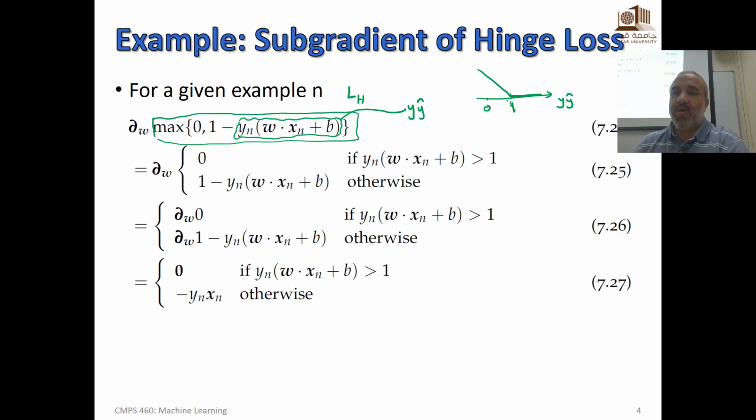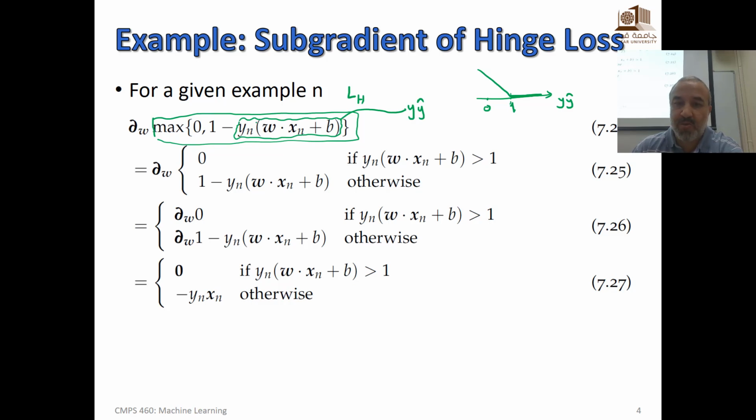Okay, so it is the maximum of this. So if this part, which is y hat, is greater than 1, this part will be negative, right? So the maximum of 0 and a negative number is what? 0, right? Which is the value of the function when y hat is greater than 1.